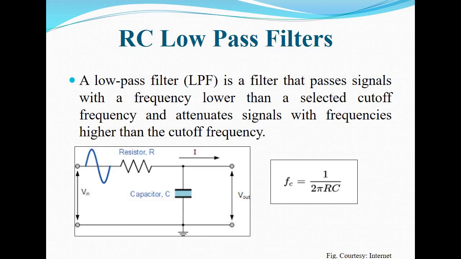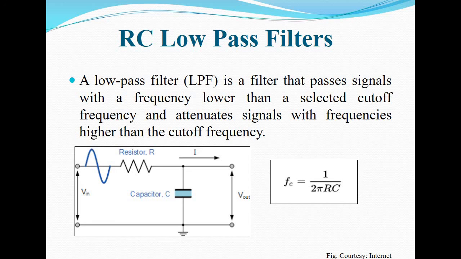Here you can see V in, that is the voltage applied at this input terminal. There is a resistor here. This is the input signal, and this is the resistor connected between these two terminals, and this is the voltage at the output terminals.